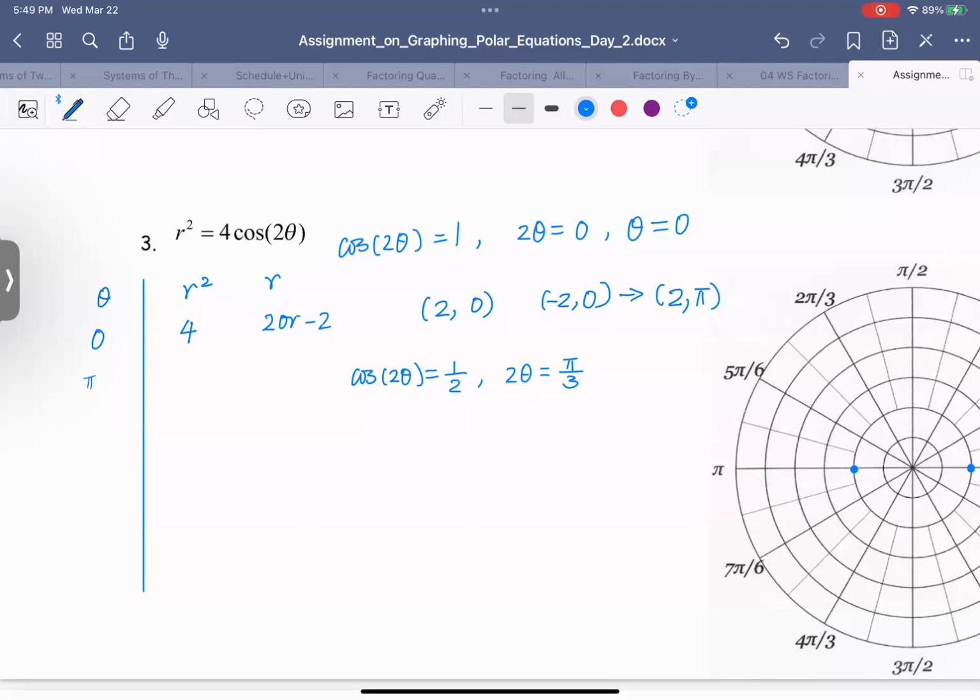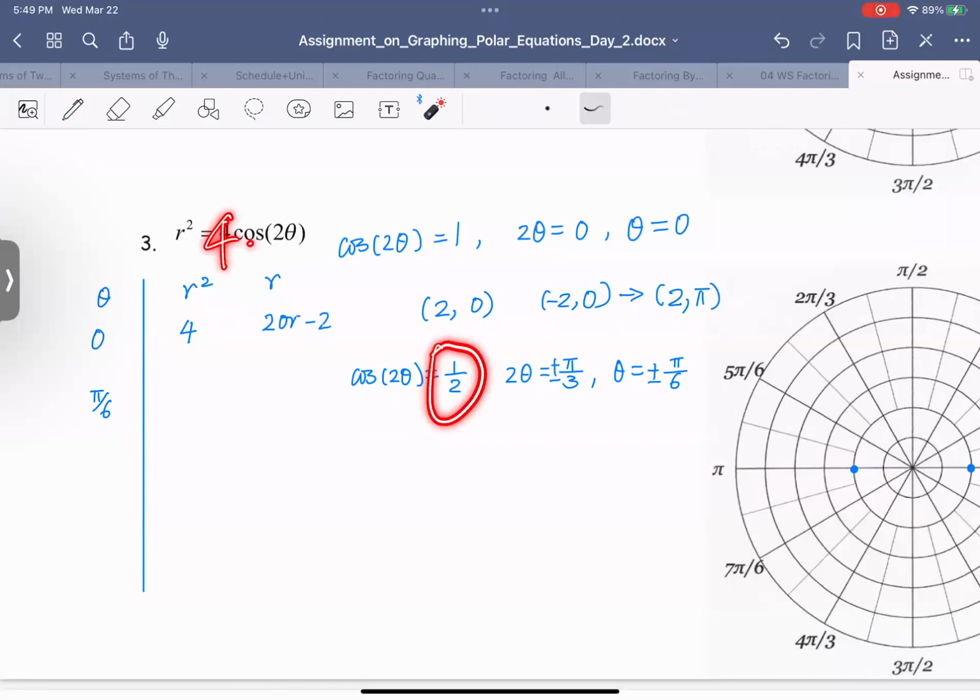Then theta is going to be positive and negative pi over 6. So when theta is positive pi over 6, our r squared equals 4 times 1/2.